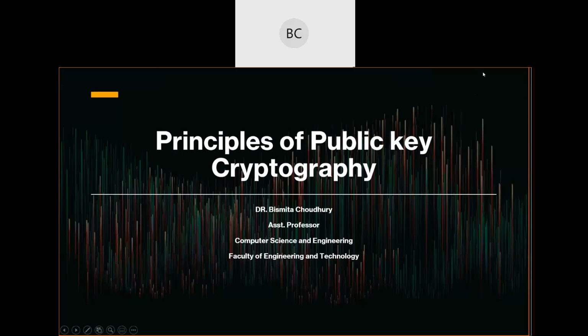See, there are two basic principles of any crypto system. Can you tell me the two names at least? What are the two principles for any crypto system? There were four, but the main ones were two.